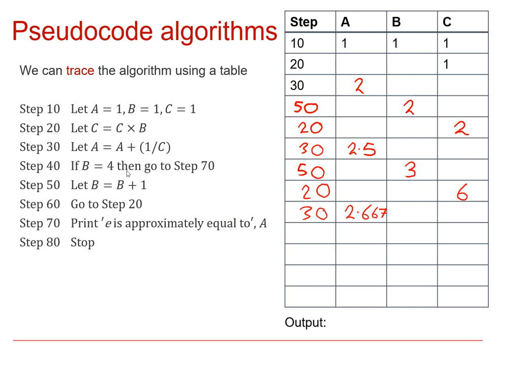Then if B equals 4, well, B is not equal to 4 yet, so let B equal B plus 1, so line 50. B is now equal to 4. Line 60 sends us to 20, so let C equal C times B, so step 20, let C equal C times B, so that is 24.